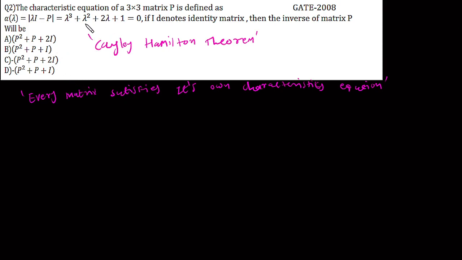Sorry for my handwriting. So with the help of the Cayley-Hamilton theorem, I can replace this lambda by P, because the theorem states that every matrix satisfies its own characteristic equation.